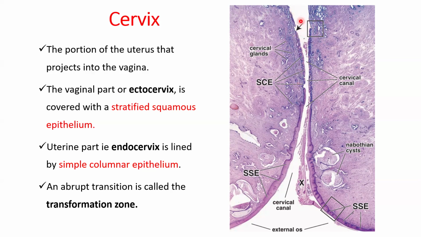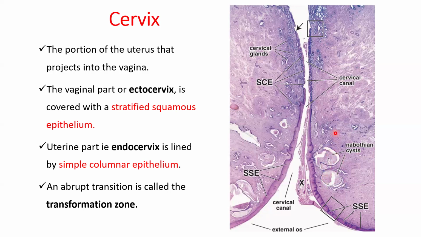Remember, at this point you transform from simple columnar epithelium to stratified squamous non-keratinized epithelium, the same epithelium that is found in the vagina. Here we can appreciate the Nabothian cysts.